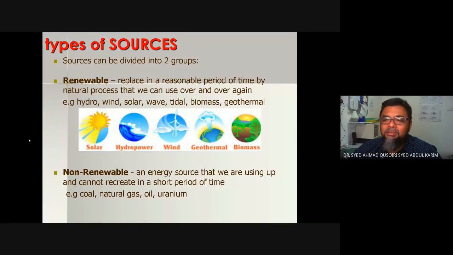Dan kita menggunakan elektrik with most of them non-renewable sources at a subsidized price. So orang Malaysia ni still beruntung sebenarnya. Harga elektrik yang dibayar tu sebenarnya adalah harga bersubsidi.